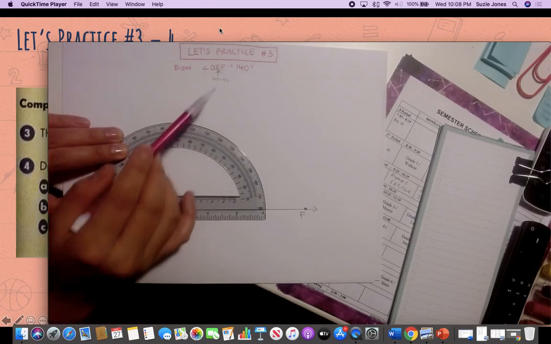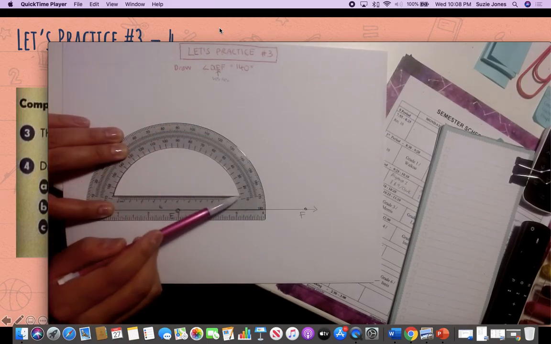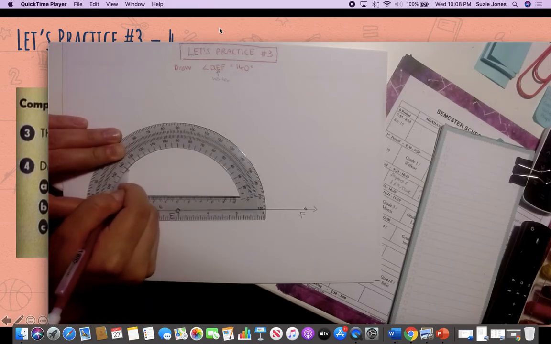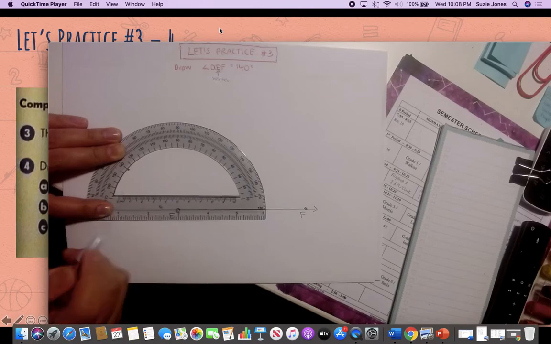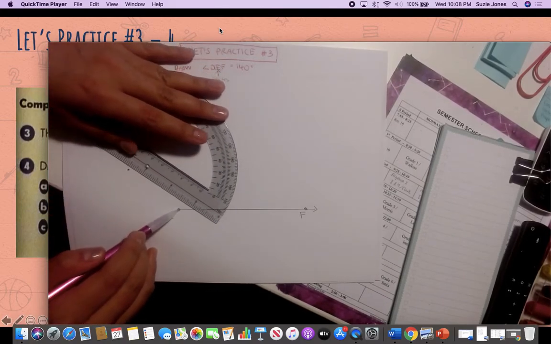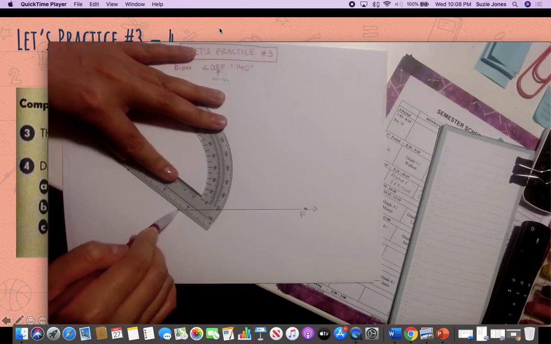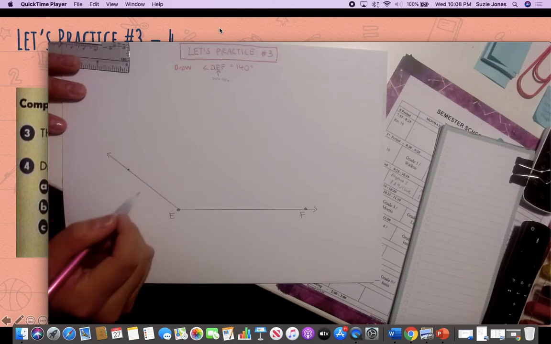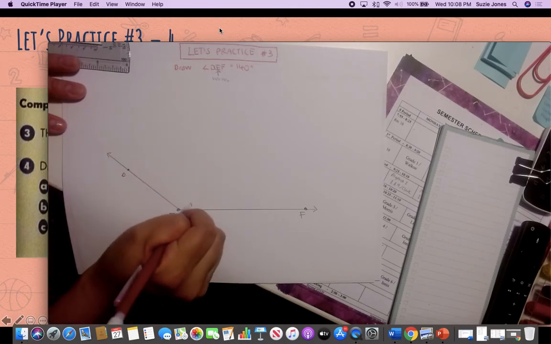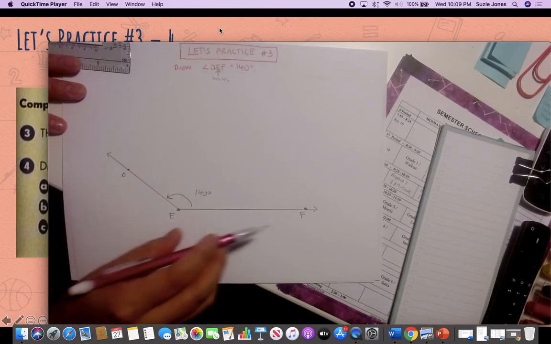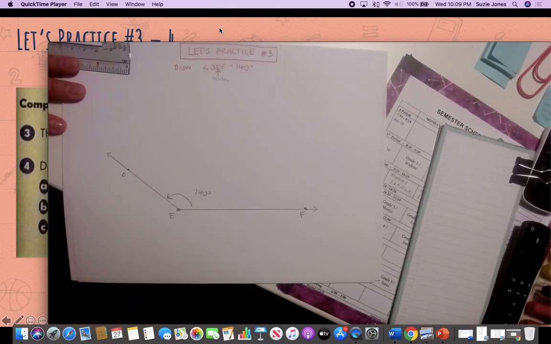So it has to be 140. So it's from 0, and then my 140. Oh, here's my 140 right here. I'm going to draw a point here. And I'm going to draw a ray from my endpoint E through that point at 140. And remember, this is D. And now that's 140. So my angle DEF is 140 degrees.